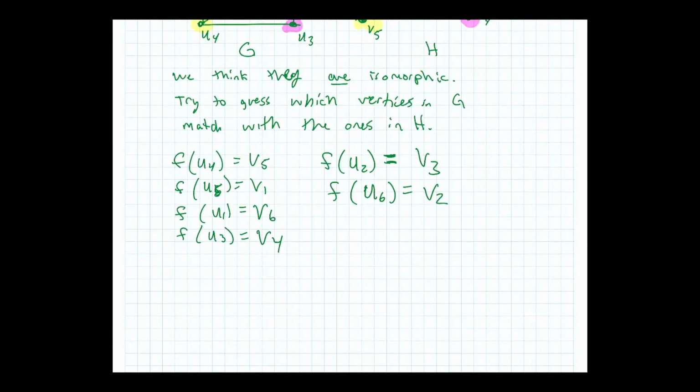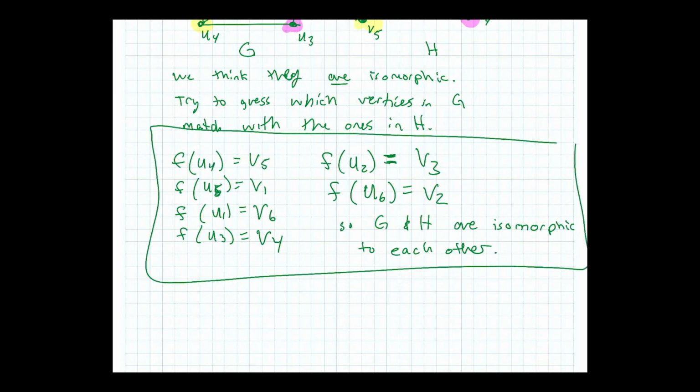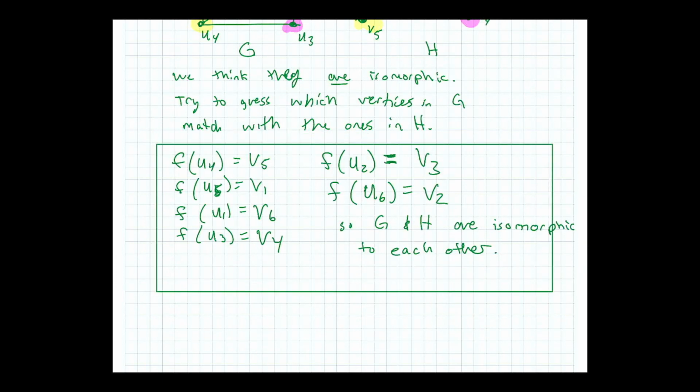And once you write this down, this F is the isomorphism. So G and H are isomorphic to each other, you could say. Or just isomorphic. And we know they're isomorphic because the function is the isomorphism.